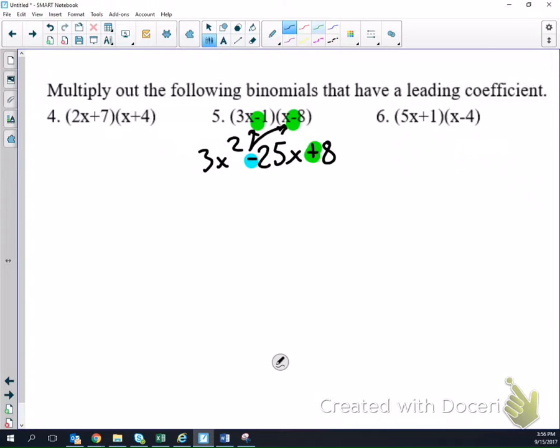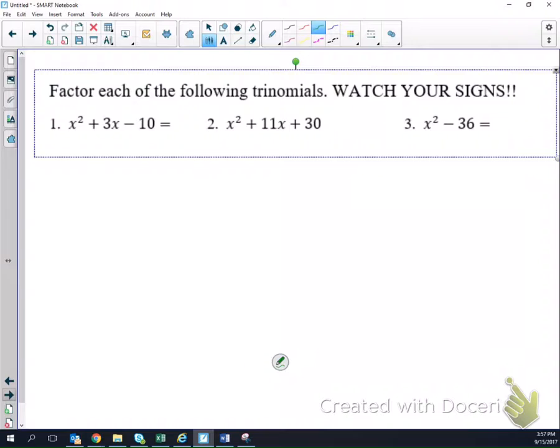Okay, now the 25 is far bigger than just adding up our two constant numbers. This time we multiplied one of those constant numbers by our leading coefficient and then added them together. Now that will make some of the following problems a little bit more complex once we get into them. All right, but let's go ahead and just get started. First, I'm going to be looking at that sign right here.